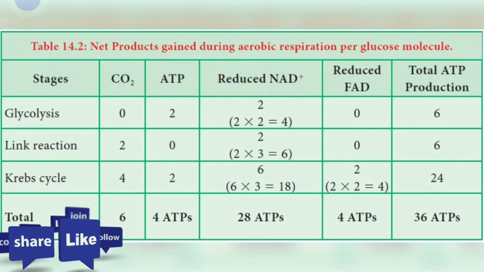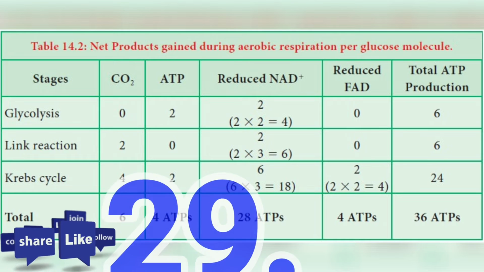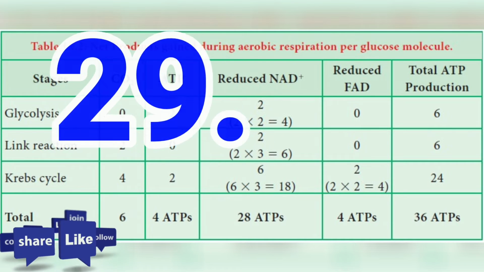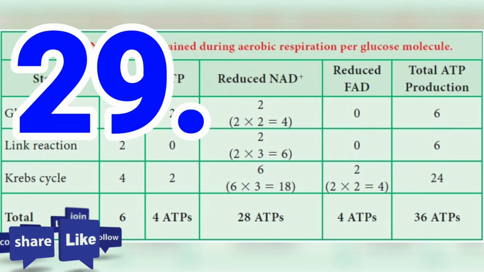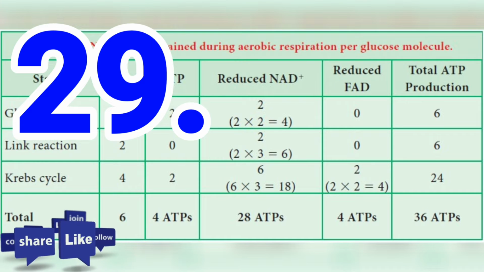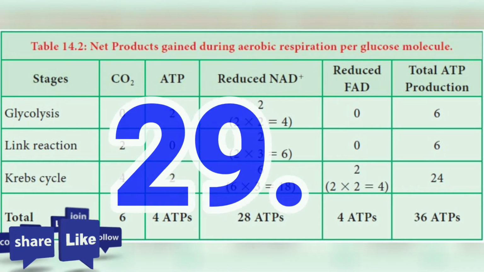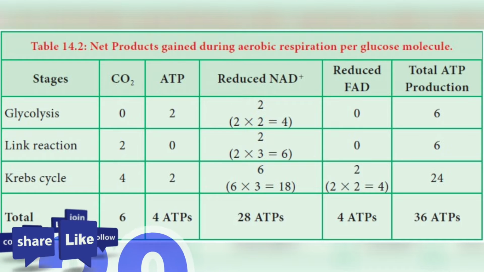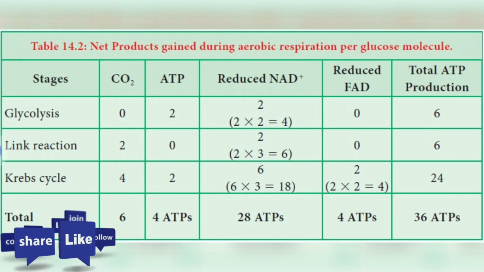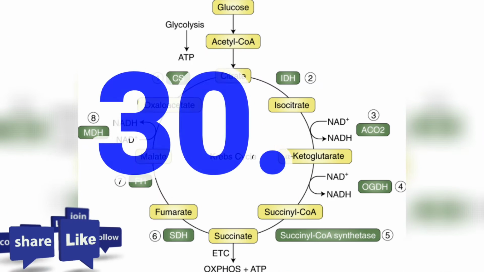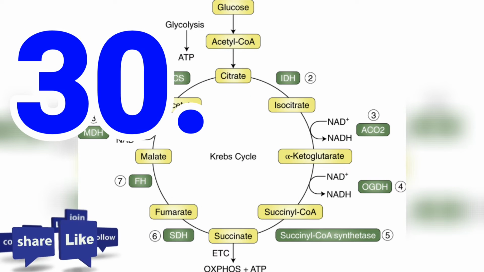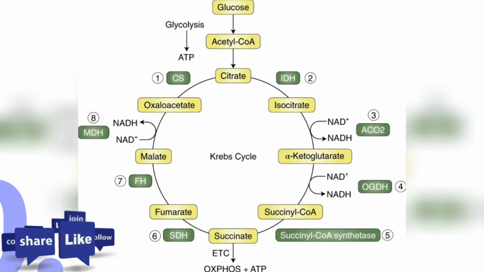If the question is asked for 1 glucose or 1 fructose in the previous point, then you have to calculate according to the process. As the Krebs cycle occurs 2 times during complete oxidation of 1 molecule of glucose or fructose, you have to double the energy in the given points, so that all the digits must be doubled. The Krebs cycle has a single 5 carbon compound, that is known as alpha ketoglutaric acid.